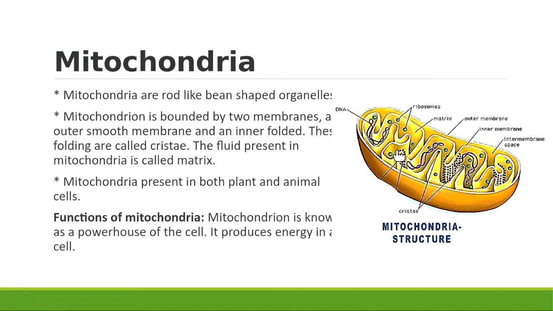So this is a complex organelle, and it possesses two membranes, an outer membrane and an inner membrane. The inner infolded membrane is known as the cristae. So this is known as the powerhouse of the cell.